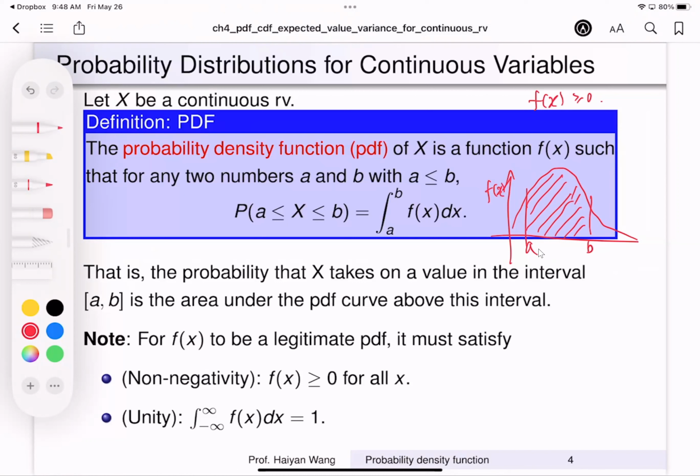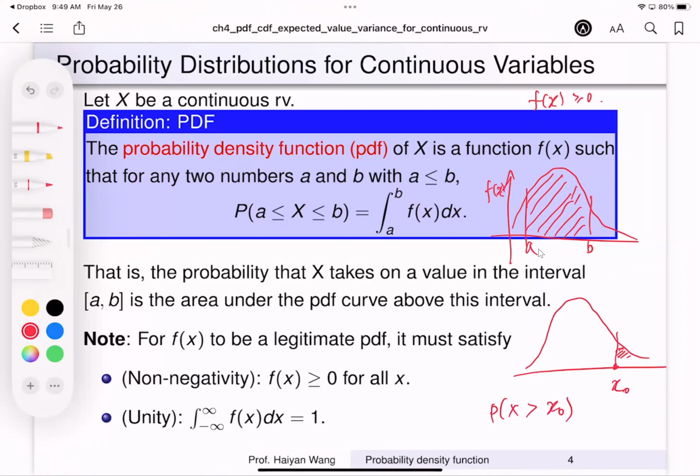Quite often, what we want is the probability to the right of some point, like this value. This is a given value, and we want the probability of x greater than x0.